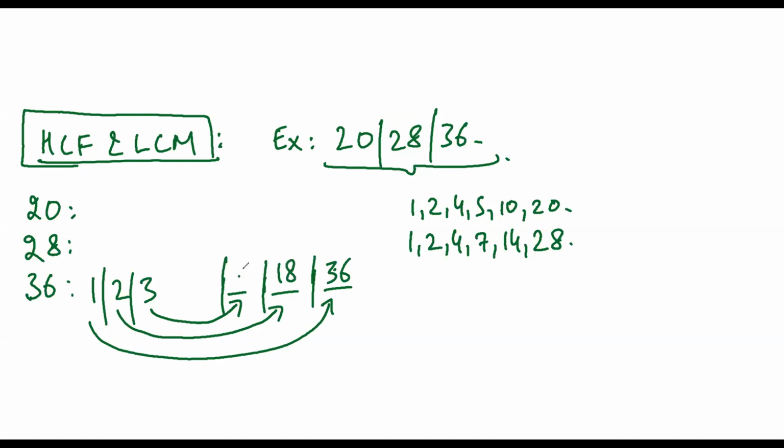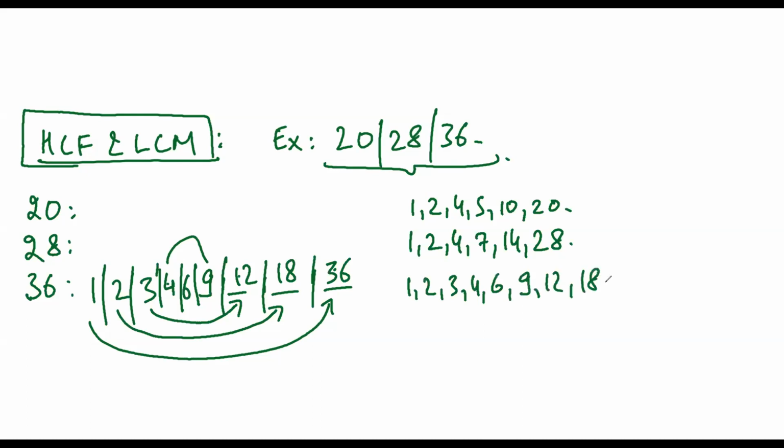What should I write here? So 12. Any other factor? So 4 and 9. Any other factor? So 6. So the factors are 1, 2, 3, 6, 9, 12, 18, 36.